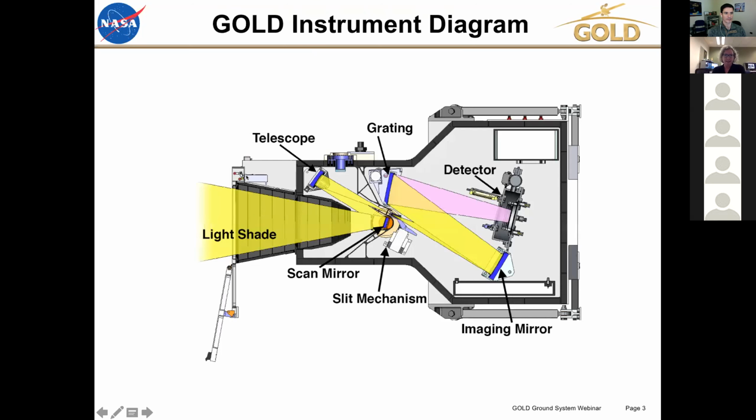One thing I didn't discuss at all is there is a solar safety sensor. It's right here. It's larger than the field of view of the instrument. So if the solar safety sensor sees an increase in voltage, indicating an increase in current, it shows that the sun is in our field of view.